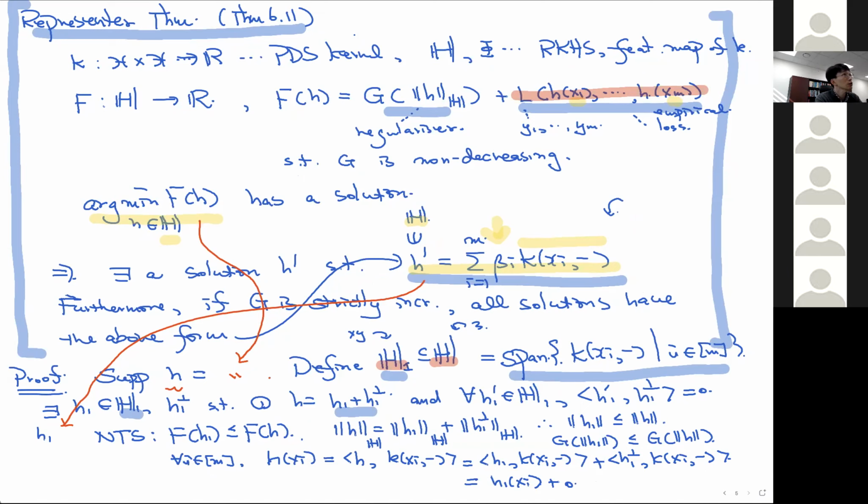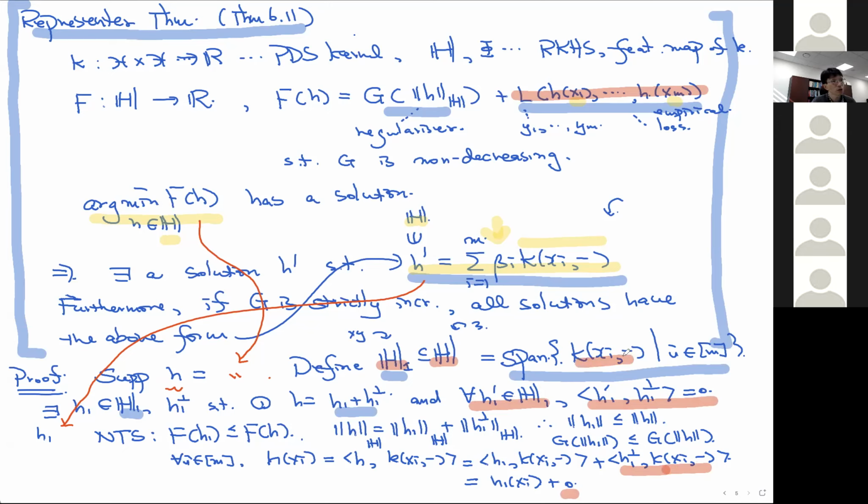And why is it 0? The reason is this property: for any h1 prime in the subspace, its inner product with h1 perp is equal to 0. But this K of xi, comma blank, is exactly one of the elements that is in H1.